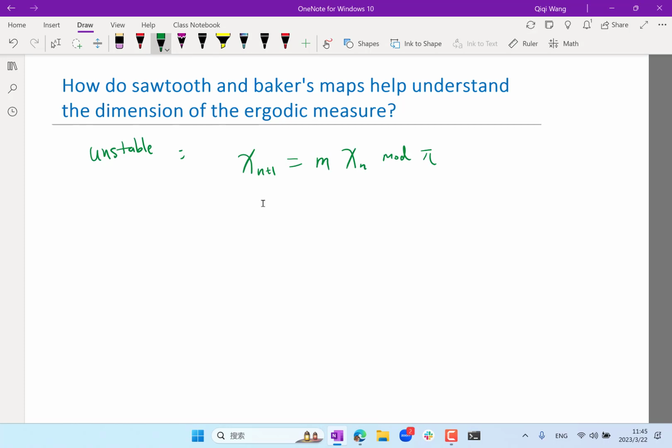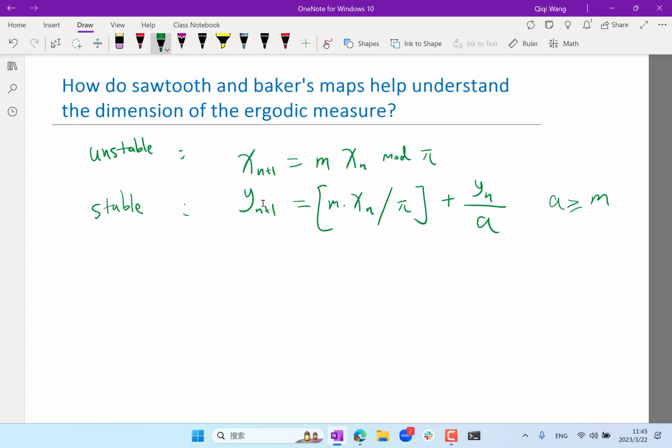And y_{n+1} is the integer part of m times x_n, plus y_n divided by a, where a has to be greater than or equal to m. So this is the stable part. I can also have a different a. Here I'm increasing or decreasing the rate of expansion in the unstable direction and the rate of contraction in the stable direction. So how does that change the dimension of the ergodic measure?